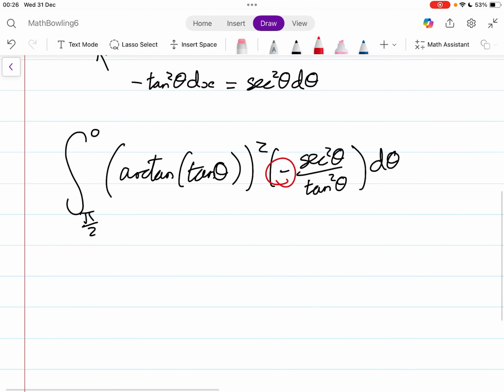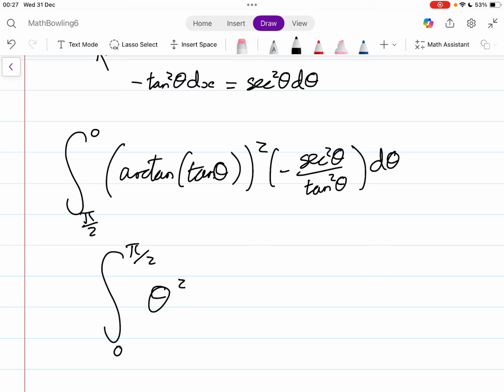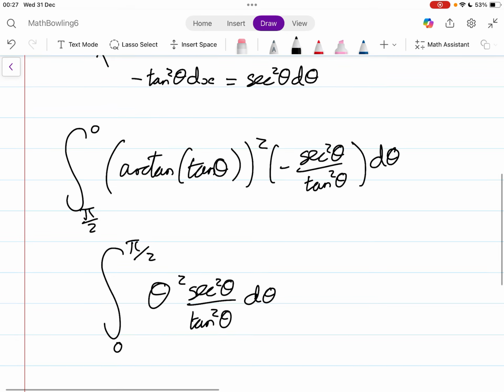This minus here means that we can flip our bounds, so I'm going to do that as I simplify the rest of the integral. This whole bracket is just going to be theta squared, because arctan of tan, the inverse functions, the tan bits are going to cancel, and we're just going to get theta squared. So we're going to have theta squared, sec squared theta over tan squared theta d theta.